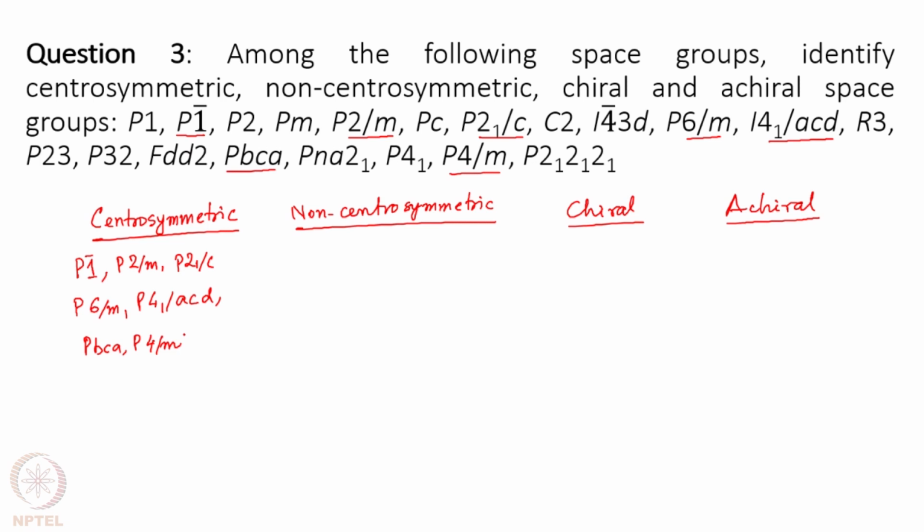So it is immediately clear that the remaining are non-centrosymmetric space groups, so we should classify them as non-centrosymmetric. See, I43D, M43M, it is not a centrosymmetric space group.